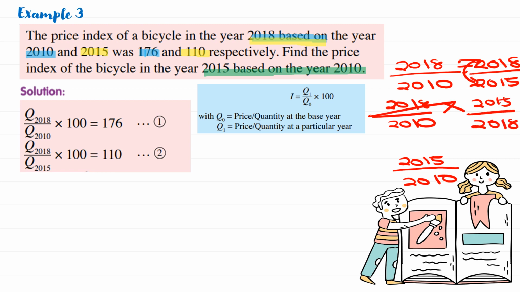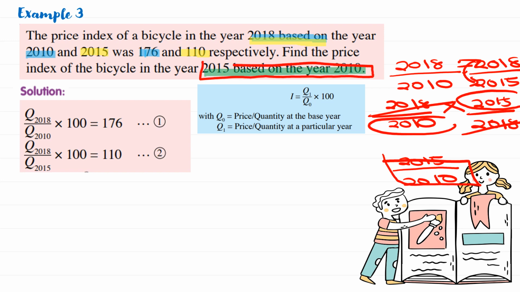So 2018 cancels with 2018, and you are left with 2015 above and 2010 below, the denominator. You are going to get 2015 over 2010. Here the question asks you for 2015 based on 2010.